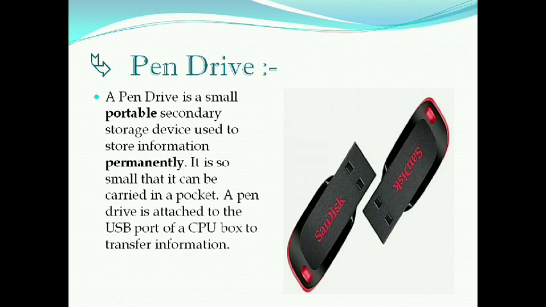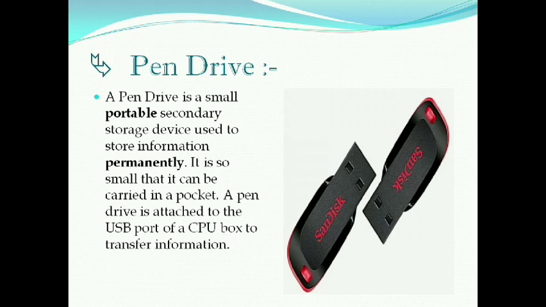A pen drive is attached to the USB port of a CPU box to transfer information. We see this pen drive nowadays in the market, smaller ones than this are also available, and very easy to carry and very easy to find in the market also. And it never gets damaged while falling or when it gets into water.